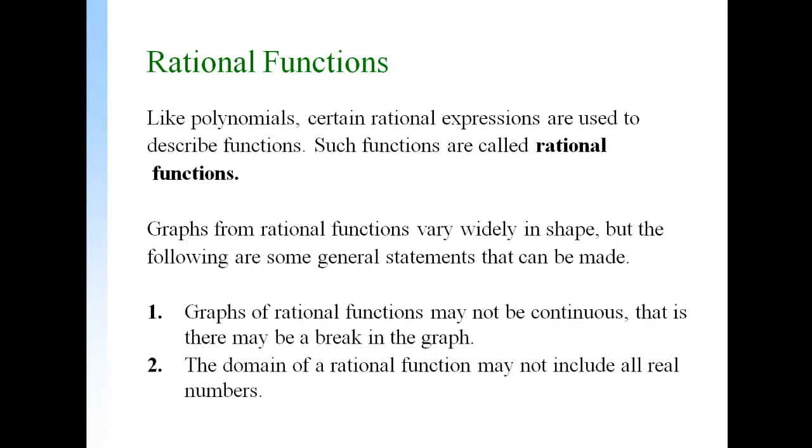And sometimes it may not include all real numbers. And you might say, why is that? Because if a value of a variable in the denominator makes the denominator a 0, then that's excluded from the possibilities of what those variables can be.